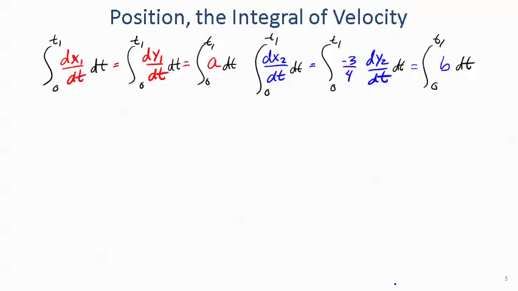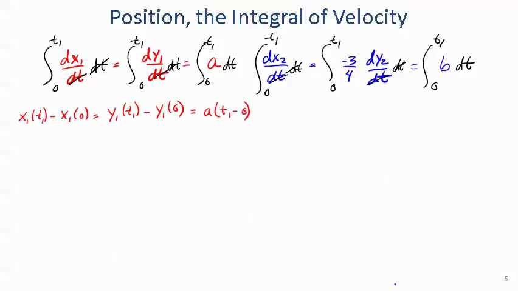And you'll notice that these dt's will cancel each other down here. So we can get a very nice integration of this. And what we're going to get is that x1 at t1 minus x1 at time 0 is going to be equal to y1 at t1 minus y1 at time 0, which is going to be equal to a times t1 minus 0.